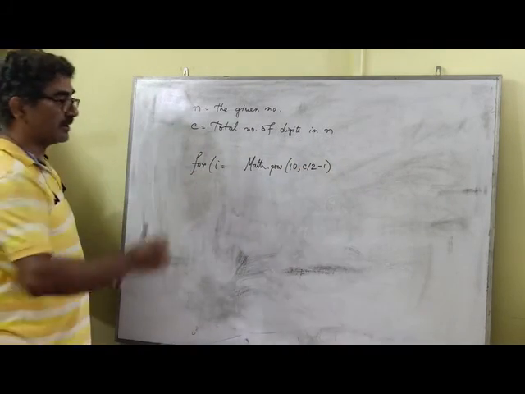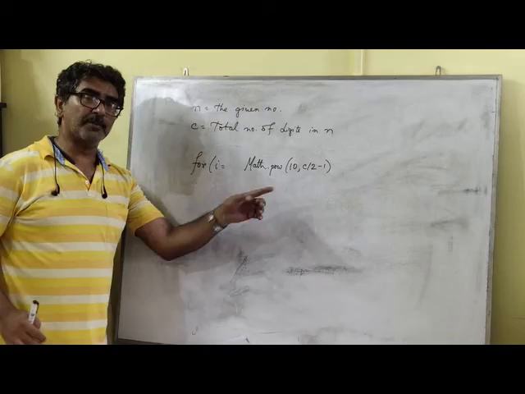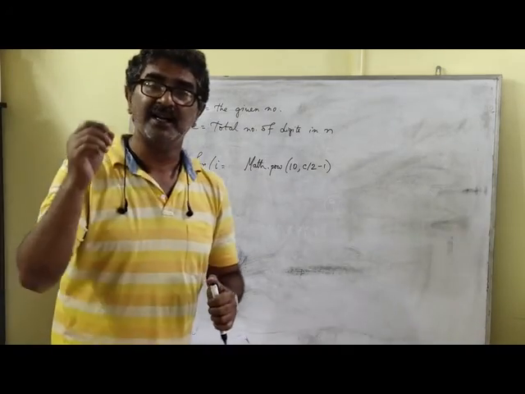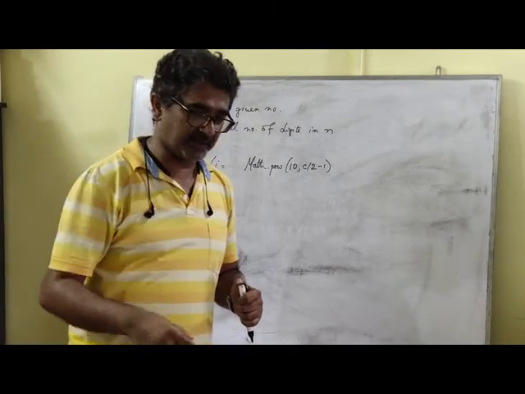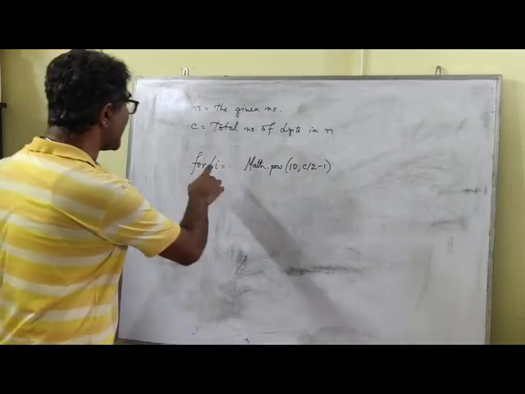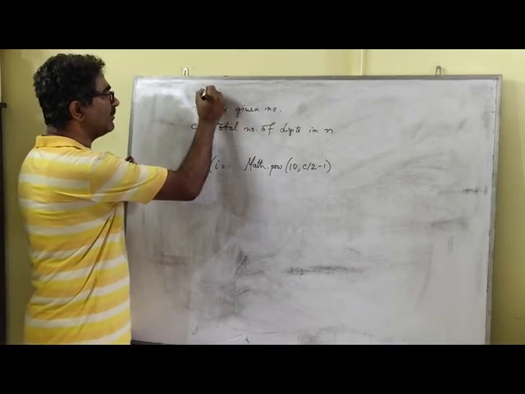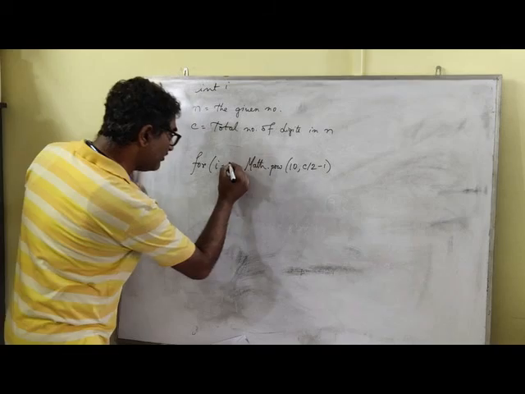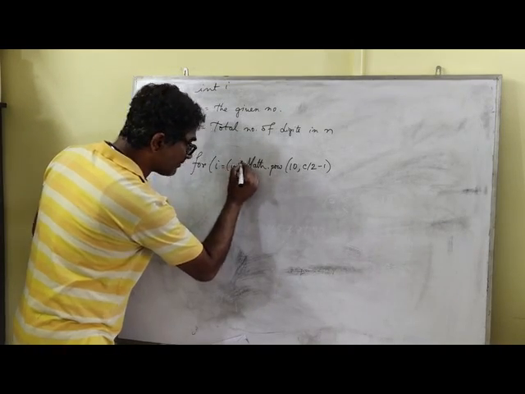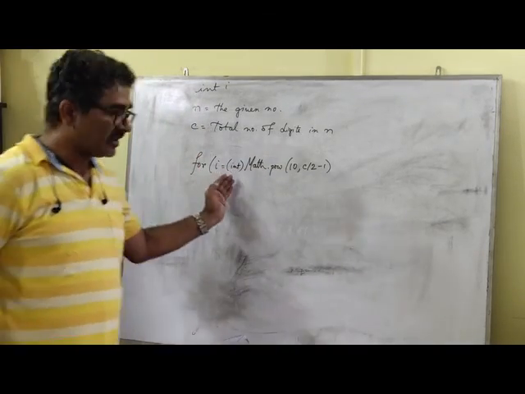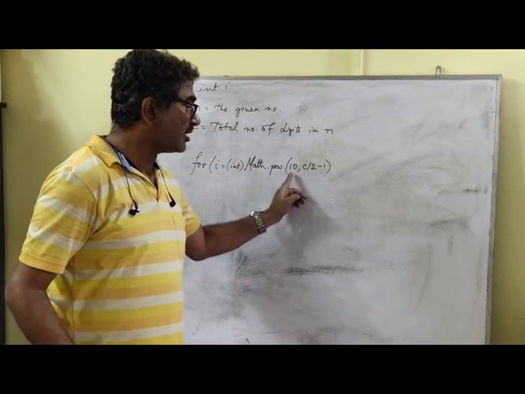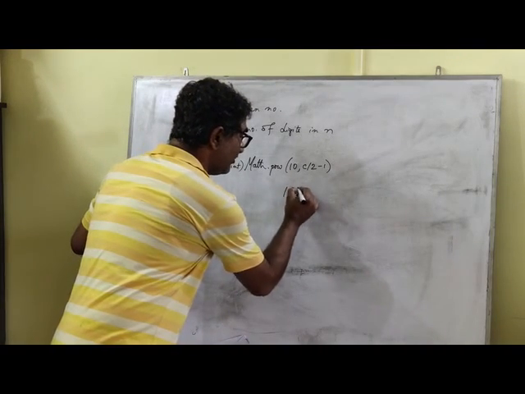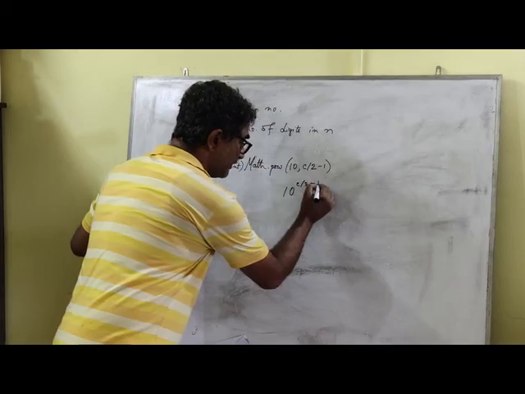It will start from here. Remember that Math.pow always returns the result as double type, that is, a number with a decimal point. Since i is an integer type variable, naturally we need to typecast it, so I kept this blank space. So we need to typecast this, and you have to interpret it this way.